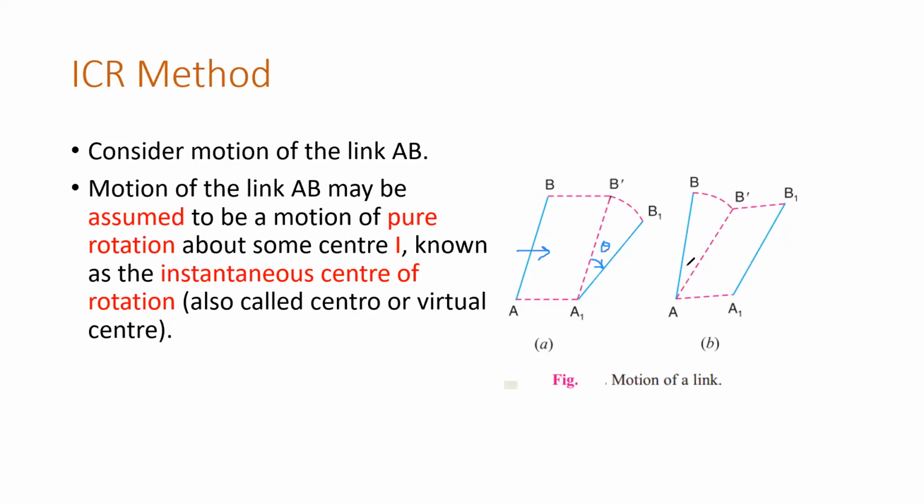First the link AB turned through angle theta to a different position, say A dash B dash, and after that it moved linearly to the next position A1 B1. Final position being the same.